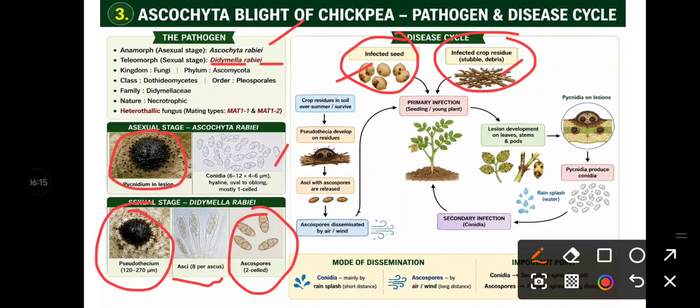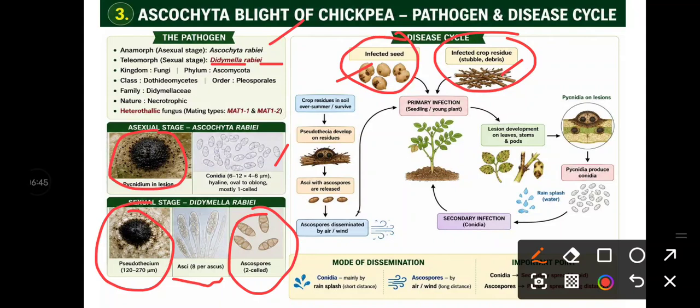The primary source of inoculum for Ascochyta blight of chickpea is infected seed and infected crop debris, crop residue or stubble. Next, when it gets a favorable environmental condition, by wind or rain splash it reaches the host seedling or young chickpea plant and starts infection.